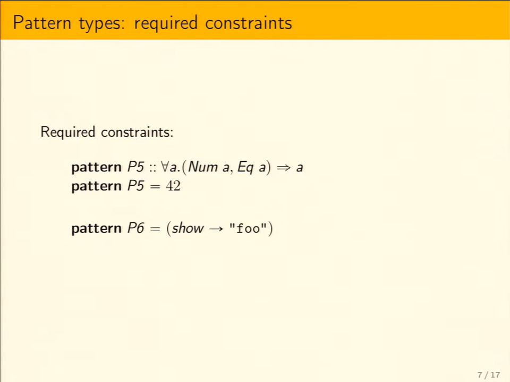In the first example, we need Num and Eq instances to be able to do the comparison. And in the second example, we need a Show instance to be able to apply the view pattern on the scrutinee. So we see here that for certain patterns, we will have constraints which are required to be able to do the pattern matching. So here we see these included in the type.